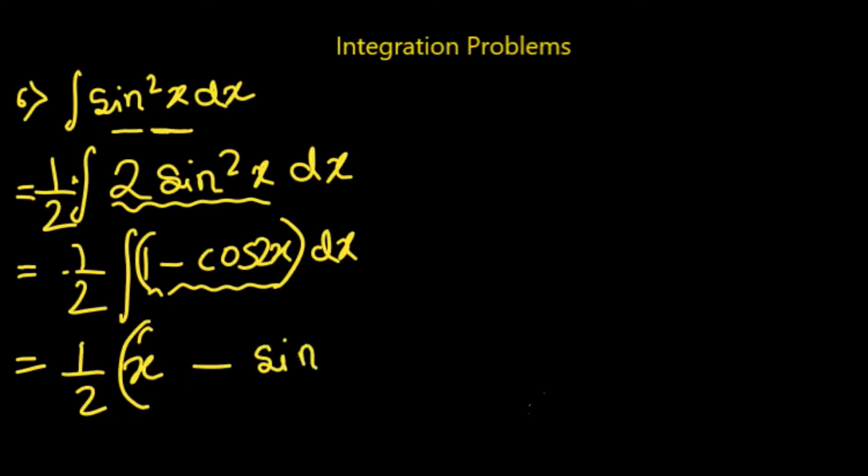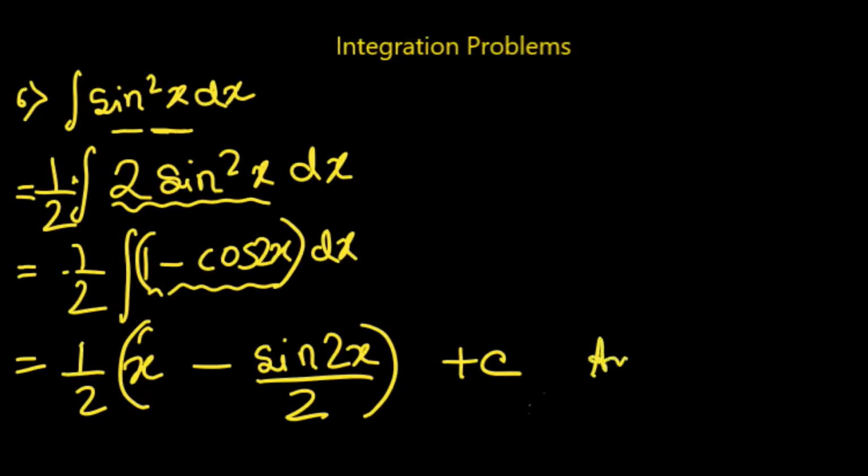Integration of cos 2x is sin 2x by 2, and obviously the constant. So this is the answer. As you can see, if you follow the basic steps of trigonometric identities and then compare the ultimate result with the integration formulas, then you can easily obtain the answer.